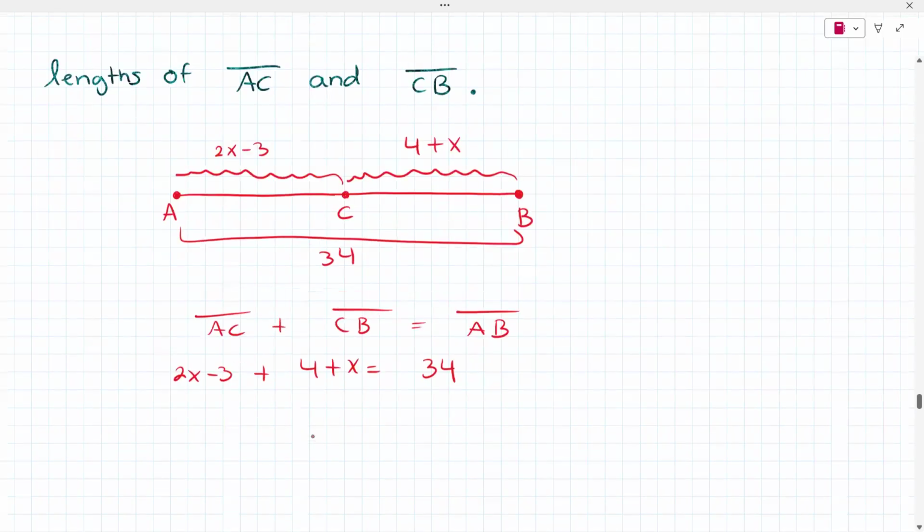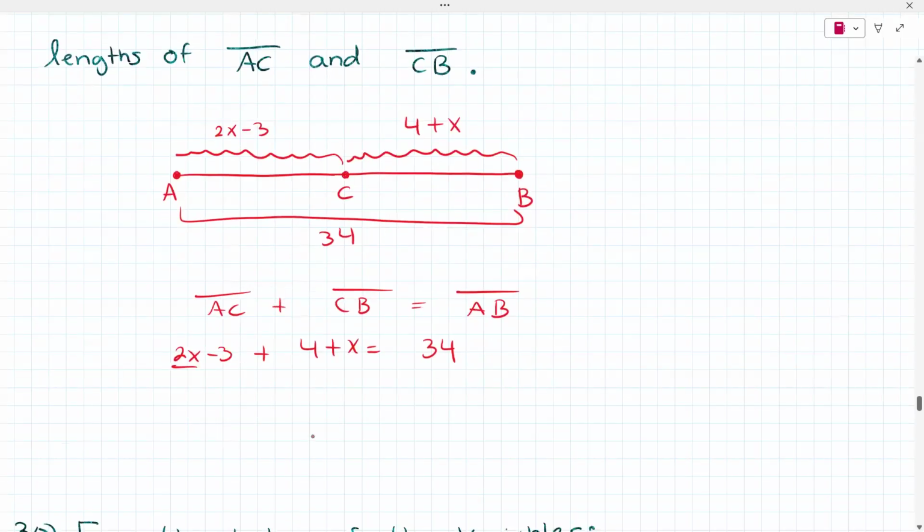Okay, now we can solve for x. So 2x plus 1x is 3x. 4 minus 3 is 1, equals 34. Solve for x, so you're going to subtract 1. 34 minus 1 is 33. Divide this by 3, and you get 33 divided by 3 is 11.